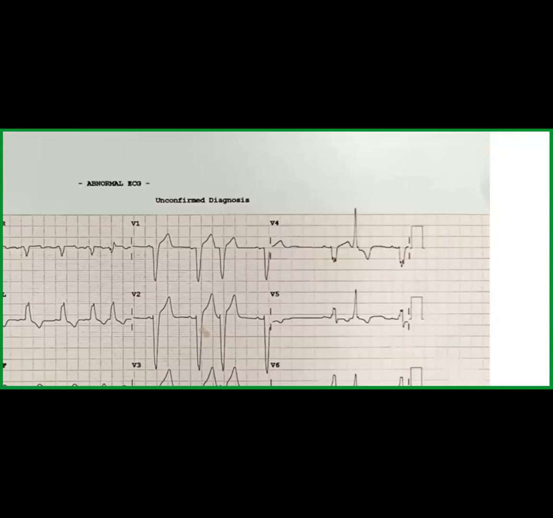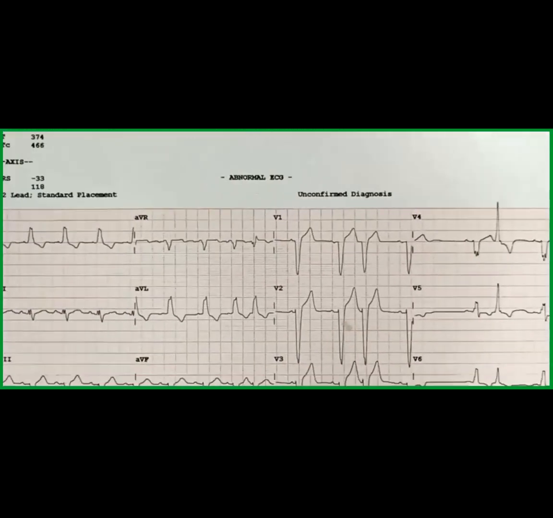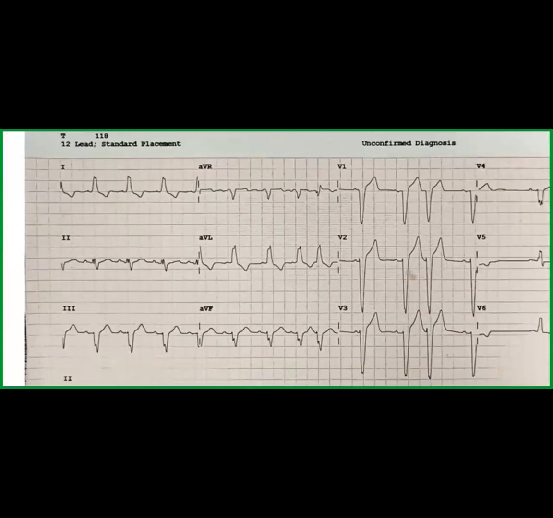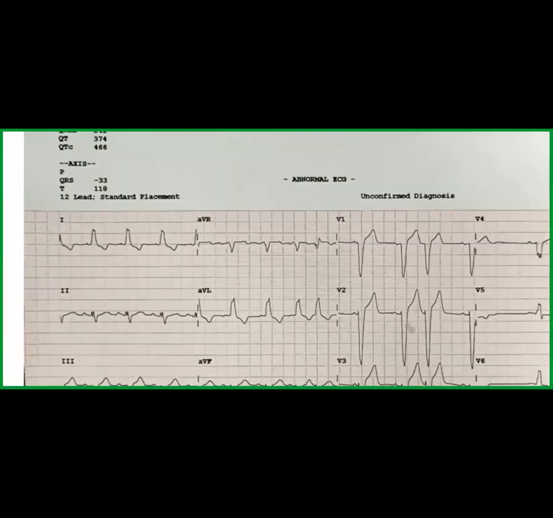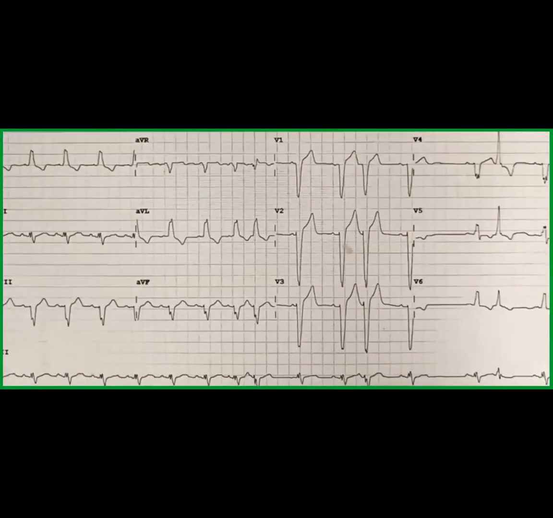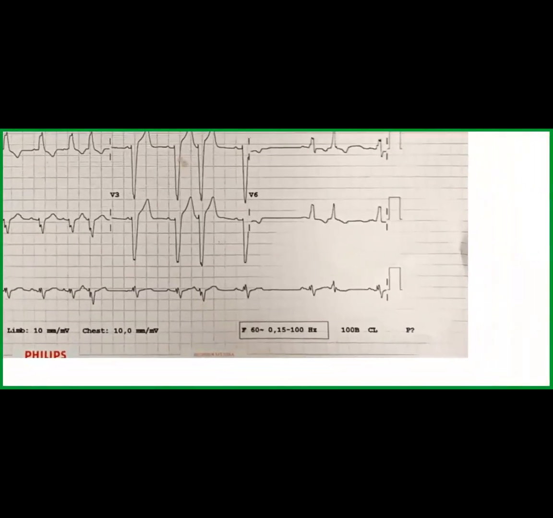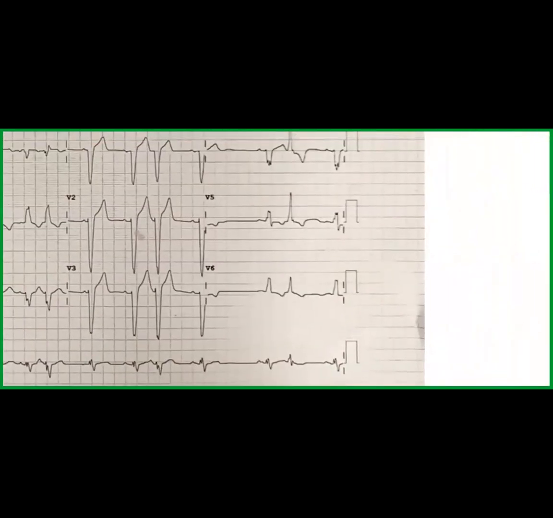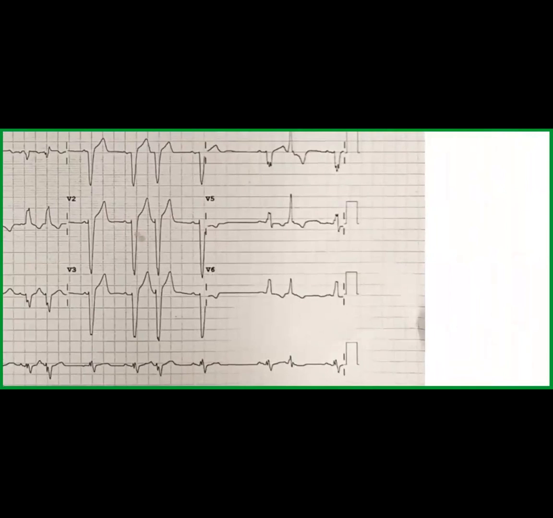Another thing will be a monophasic or M-shaped R wave in our lateral leads, which we can appreciate here in leads 1 and AVL. And I think we can see it in our V5 as well.